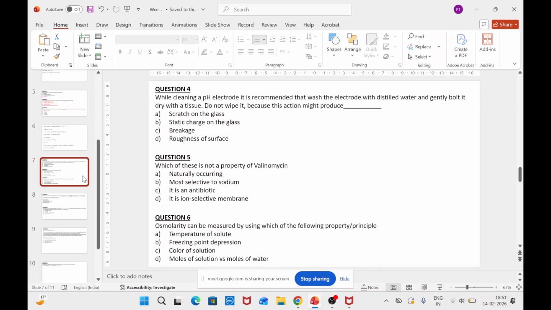So you should just gently blot it with the tissue, place it over and remove the water molecules on the surface, and not wipe.